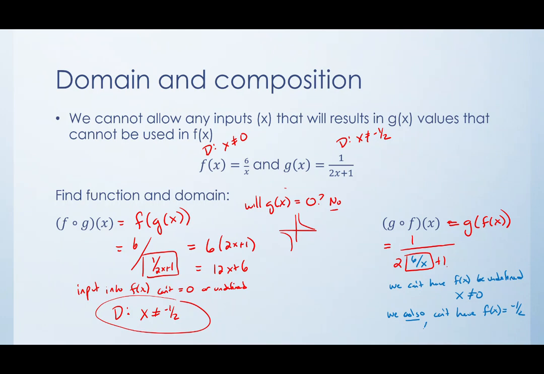So where is 6 over x equal to negative 1/2? We're going to see pretty quickly that that would happen when x is negative 12. So we've got to throw out two things, negative 12 and 0. So I'll write the domain up here: x can't be 0, x can't be negative 12.